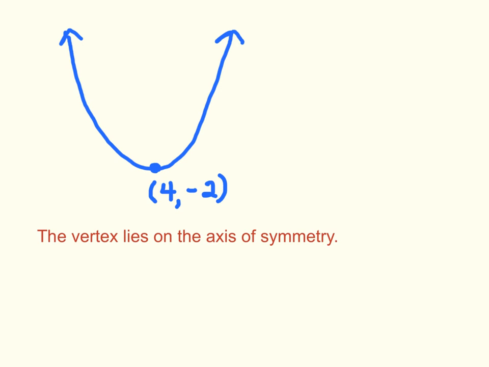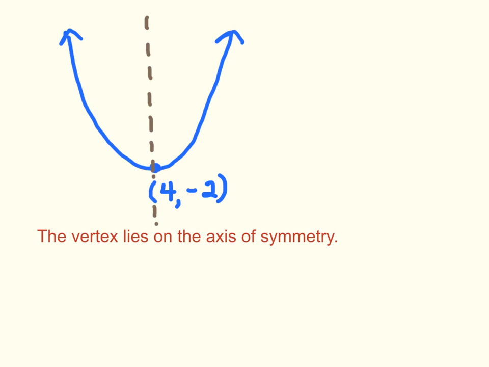Through the vertex is a vertical line that is called the axis of symmetry. If we drew a vertical line through the vertex, we would see that the parabola mirrors itself. It's symmetrical. The left side matches the right side if we could fold that graph in half like a piece of paper.